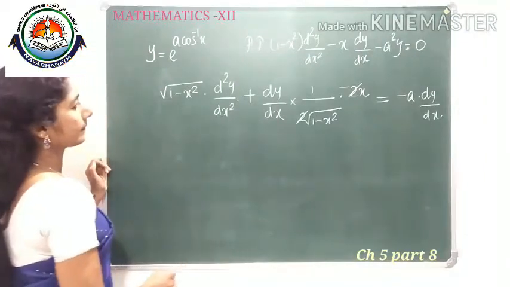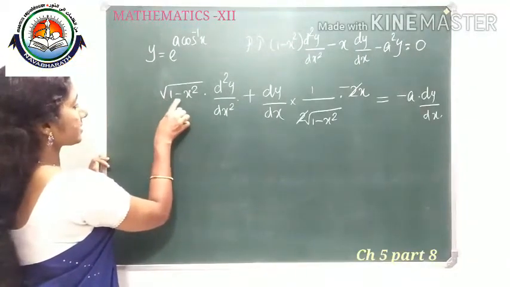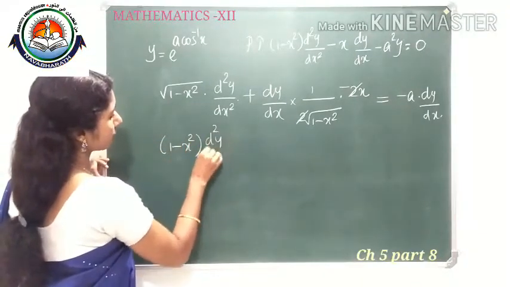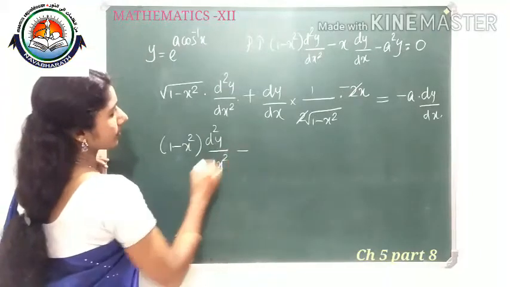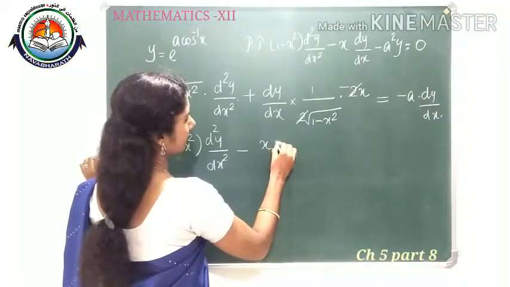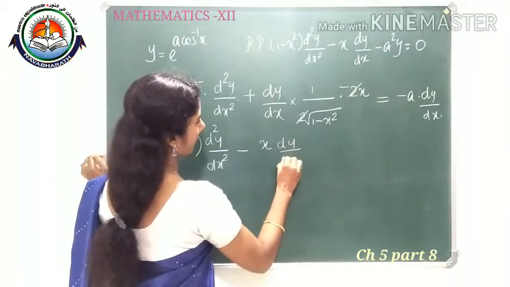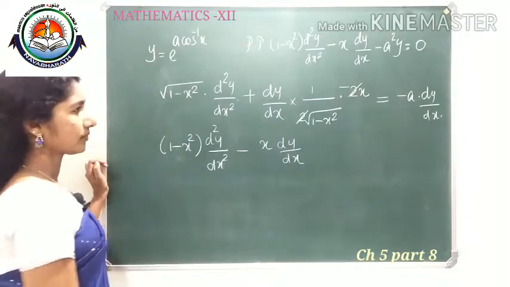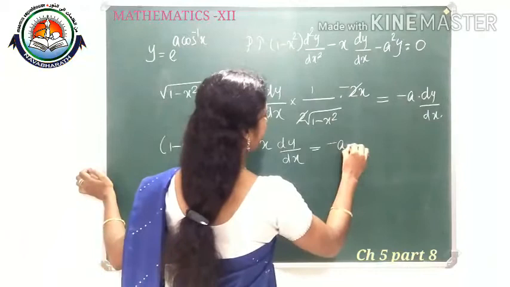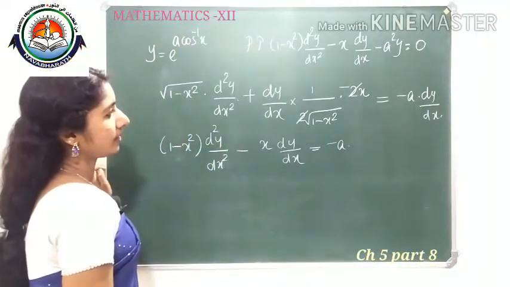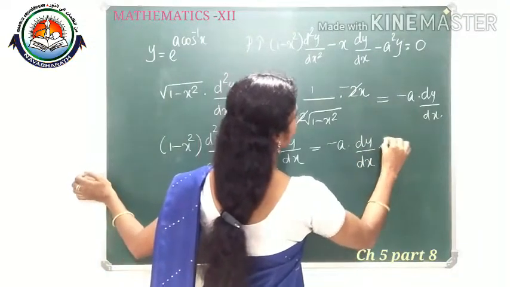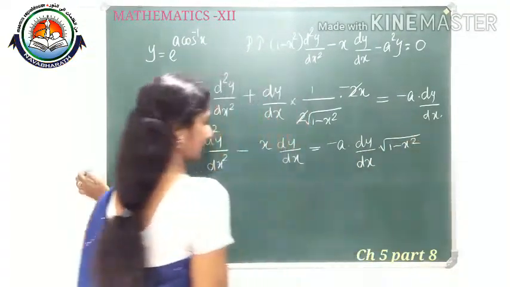We are getting root of 1 minus x square into root of 1 minus x square, it is 1 minus x square, into d2y by dx2, minus x into dy by dx, equal to minus a into dy by dx into root of 1 minus x square.